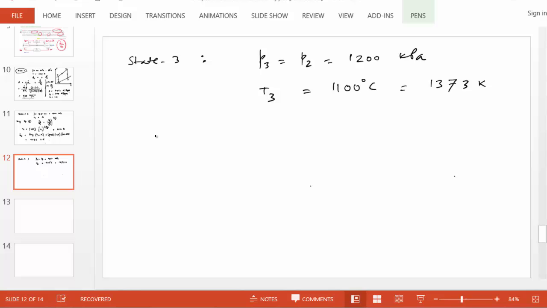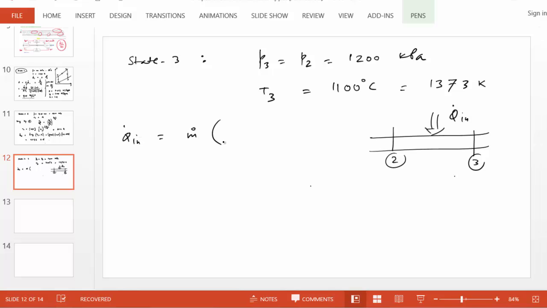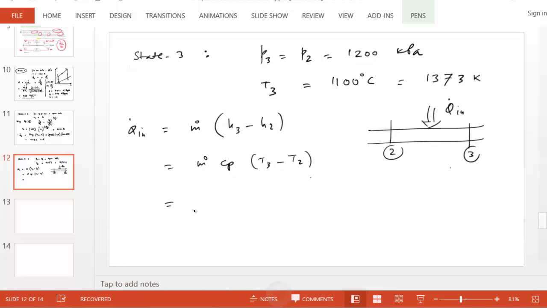So what is going on between 2 and 3? This is the heat exchanger, you can think, from 2 to 3, and we're adding heat here. And Q dot in is m dot, the higher of the two, (H3 minus H2), which is m dot Cp (T3 minus T2). m dot is 9 point, what did we calculate m dot to be? I wrote it down somewhere, 9.35. Cp is 1.005.